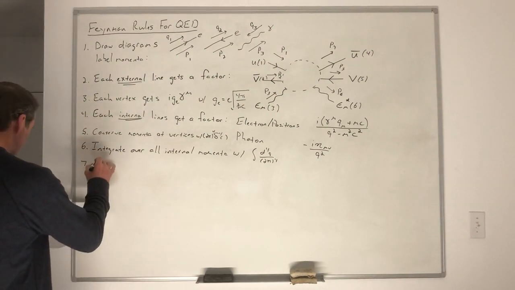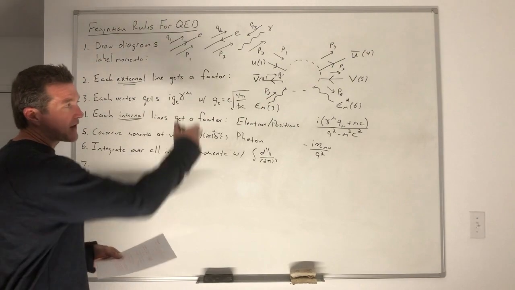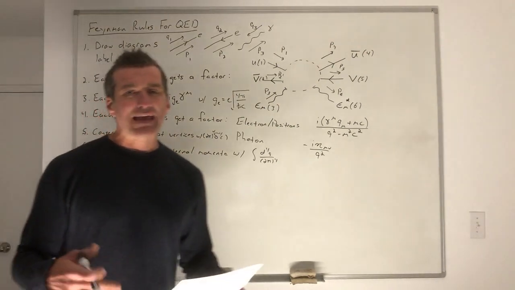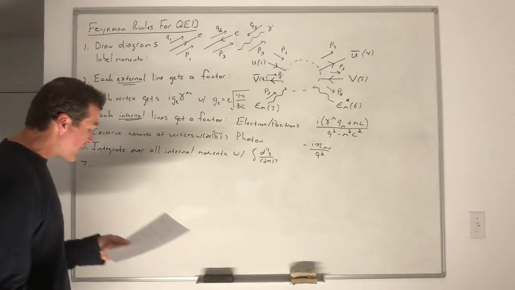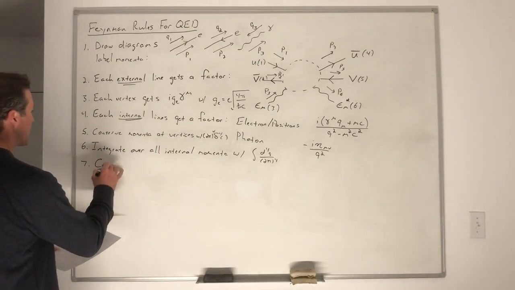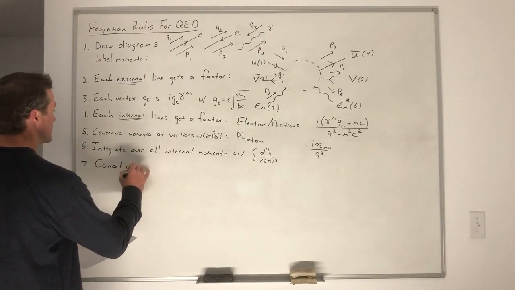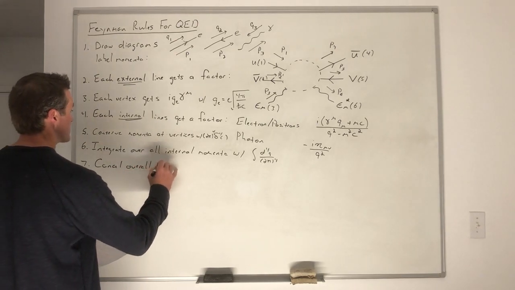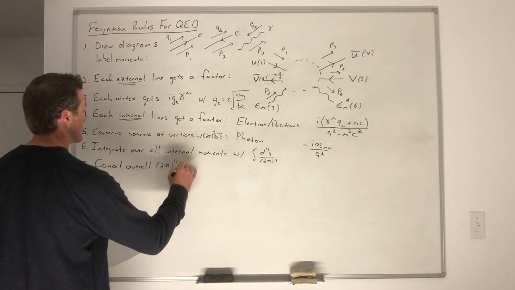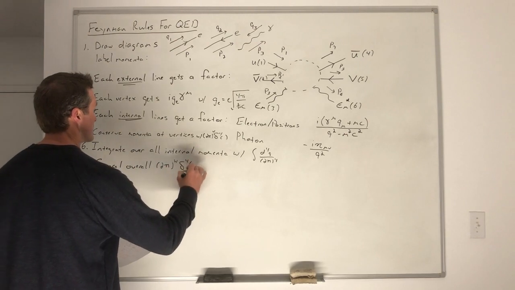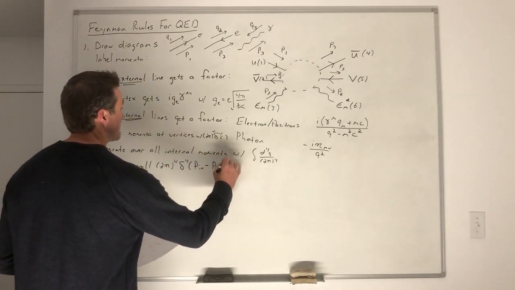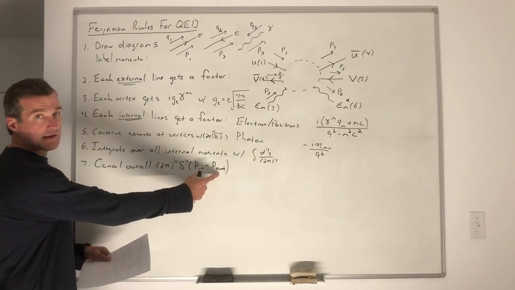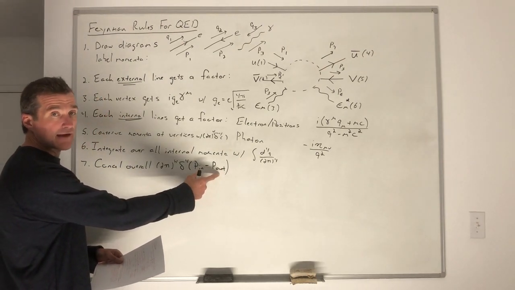And then step 7, once you've done all of the integrals that you can do with the delta functions, that should leave you with an overall delta function that is acting only on the external incoming and outgoing momenta.